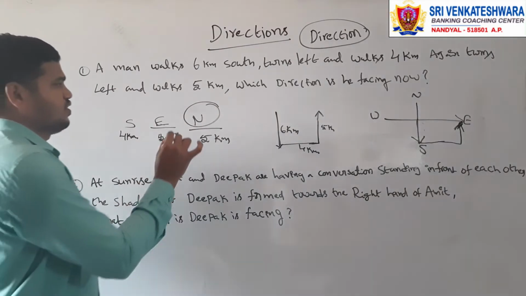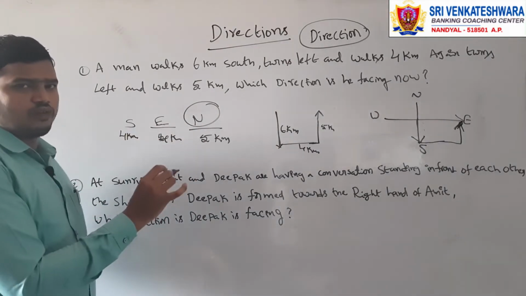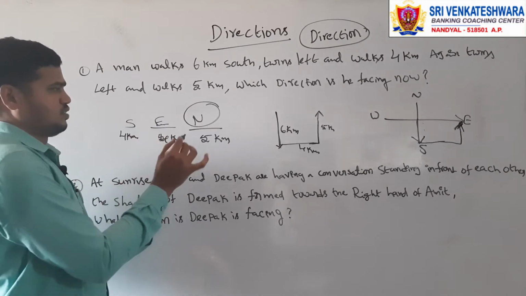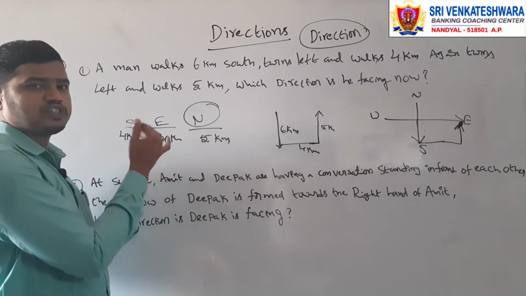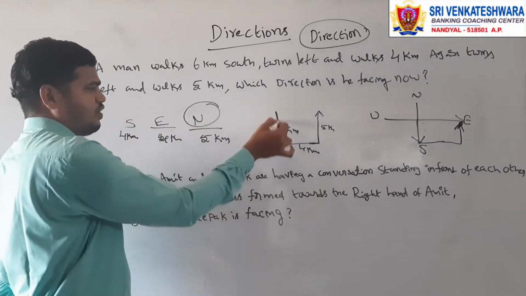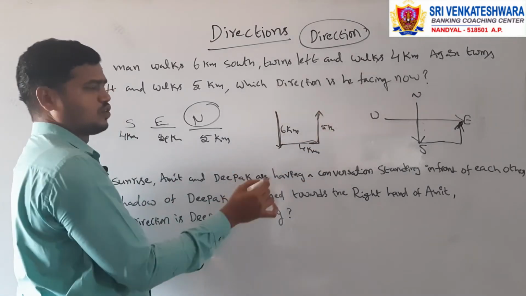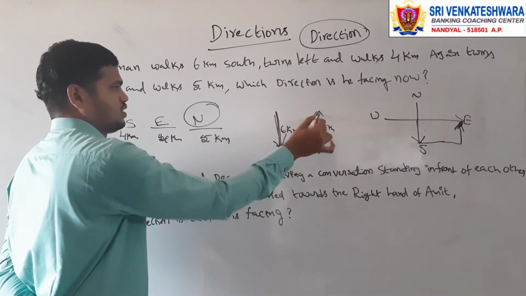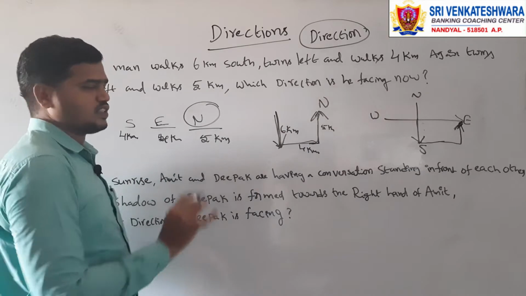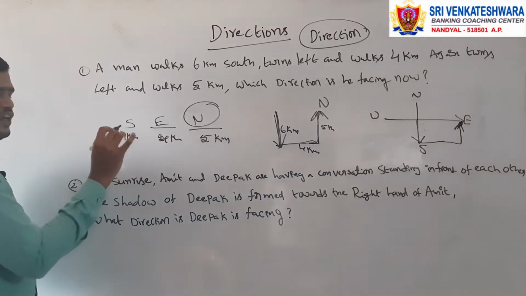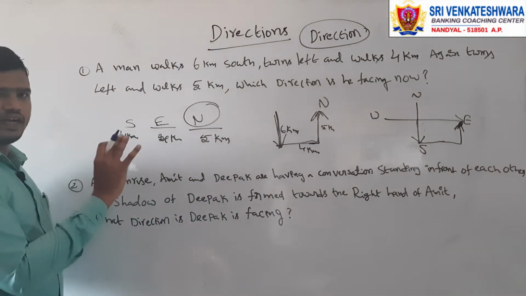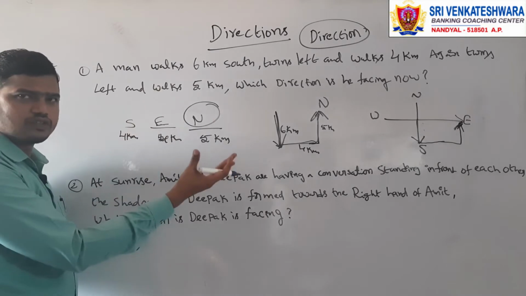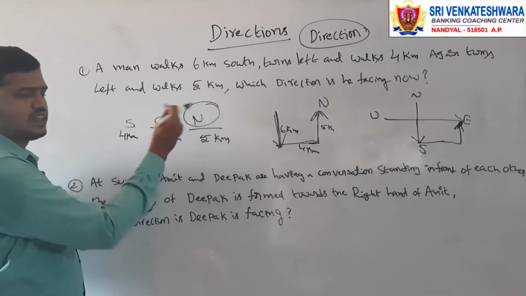Whenever you draw like this, you can clearly do it within a fraction of a second and without mistake. Here this is the south and this is the north direction. Simply, we already know what is the left and what is the right. If they mention an angle, you can take the same thing.